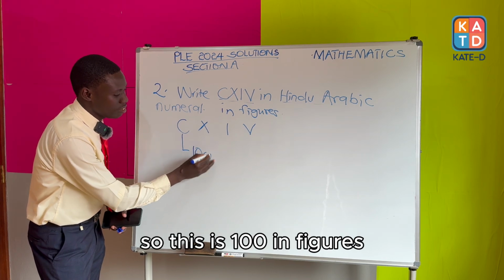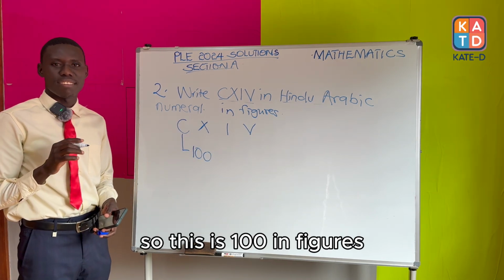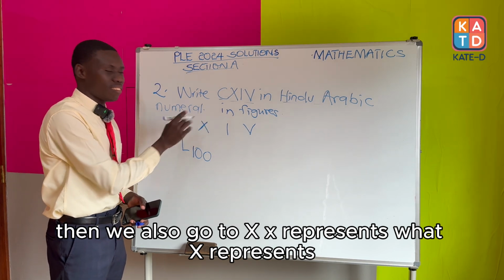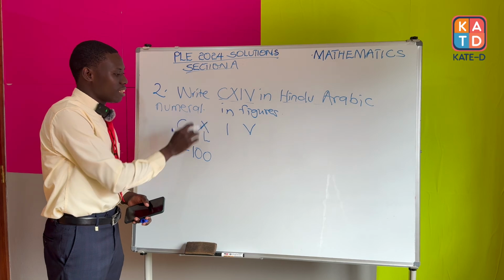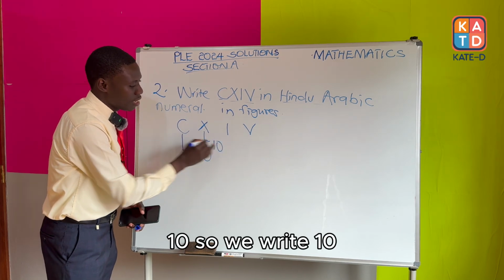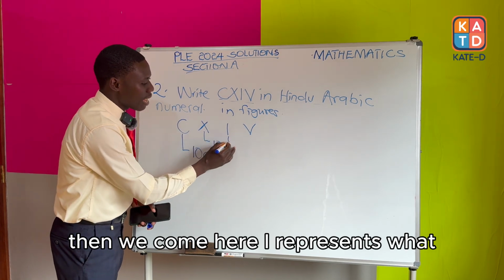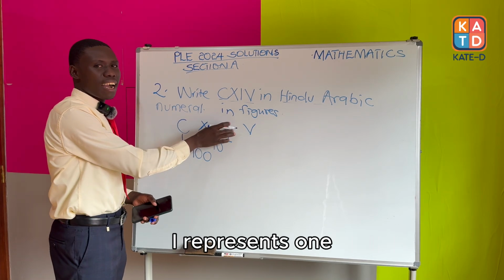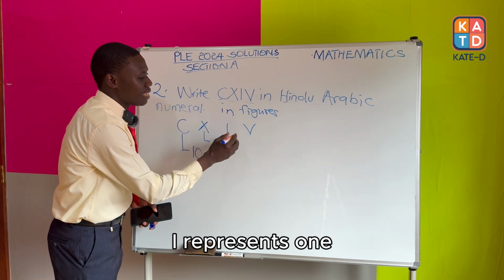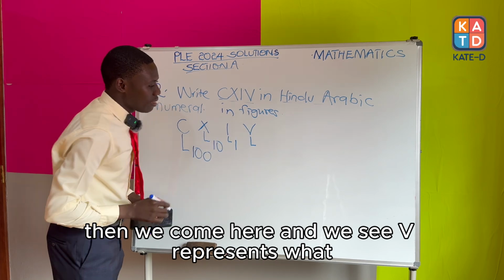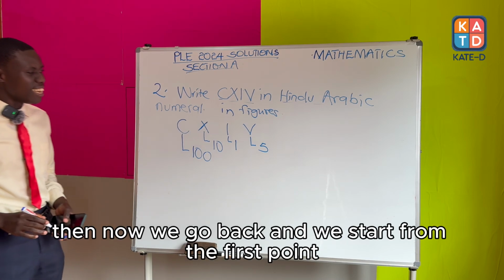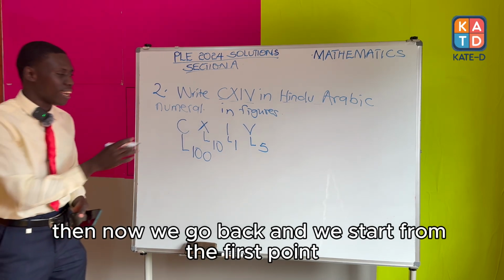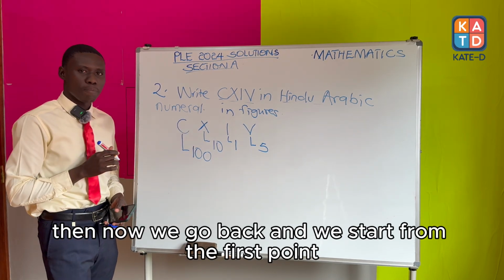Then X. X represents 10. I represents 1. Then V represents 5.